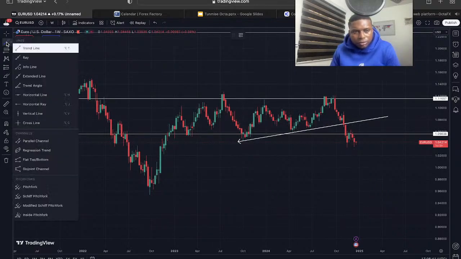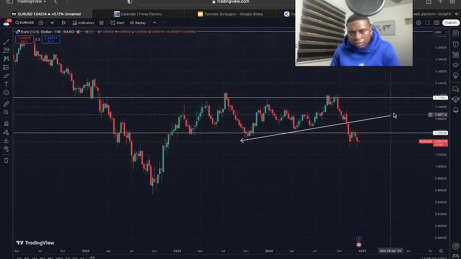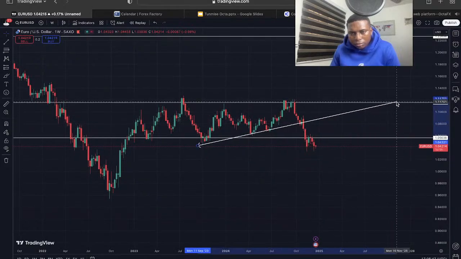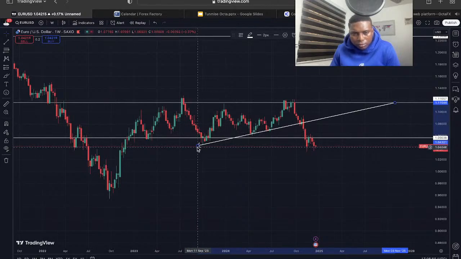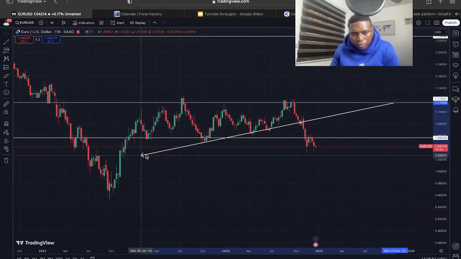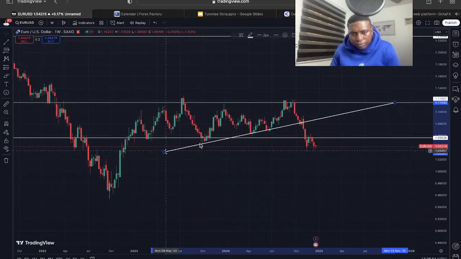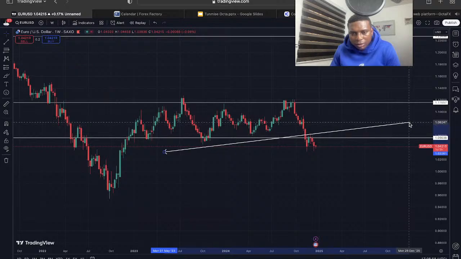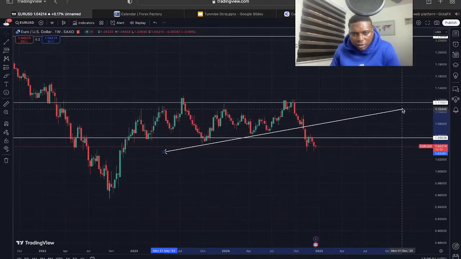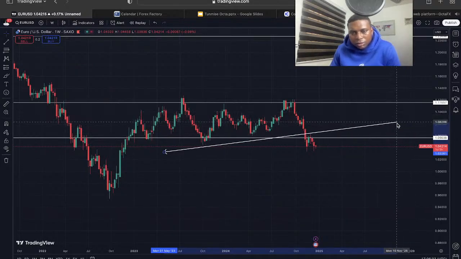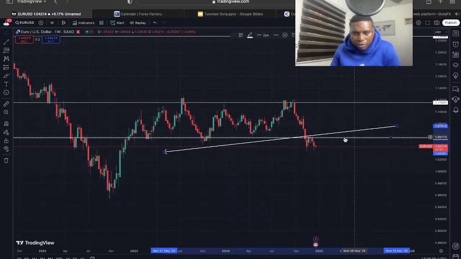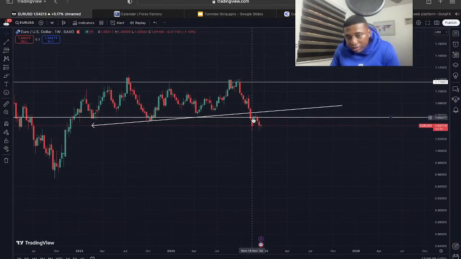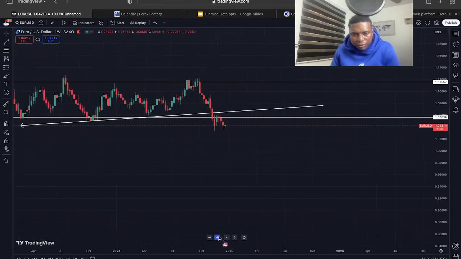Okay, we can equally look at it from here, or here, but either way, this is where we are, so this is where we're going to be looking at it from. So we can see here now, let me zoom in.